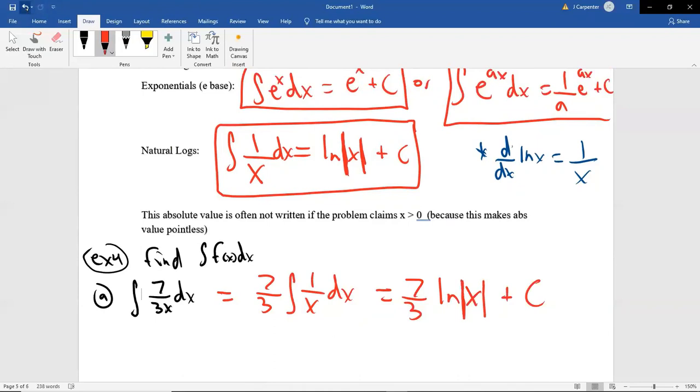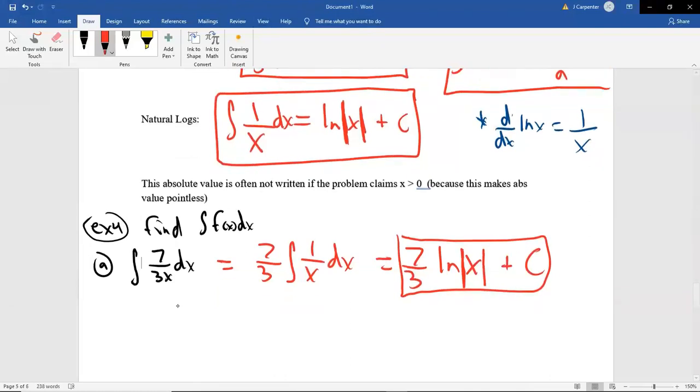Because with 7/3x, your x is allowed to be any number except 0. So it could be -1,000,000. But if you put -1,000,000 here, you're taking the natural log of a negative, and you can't do that. So this is our answer.